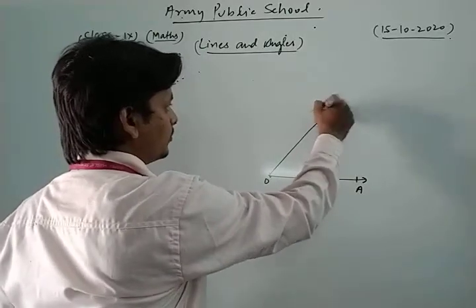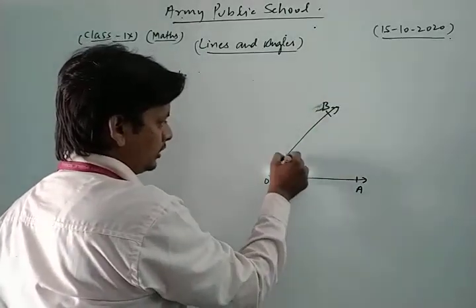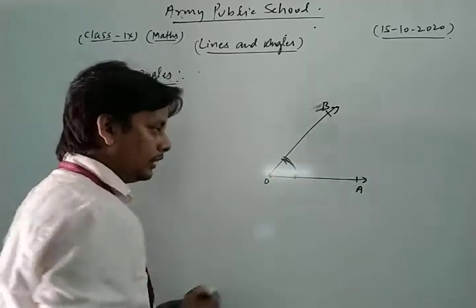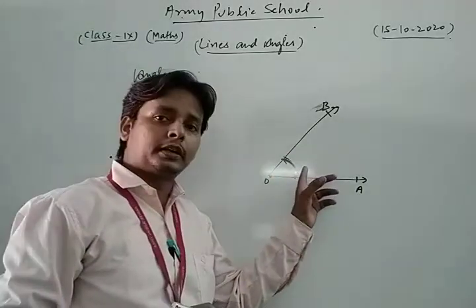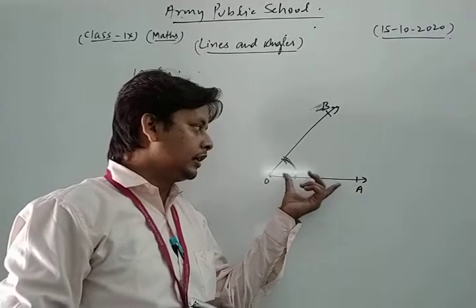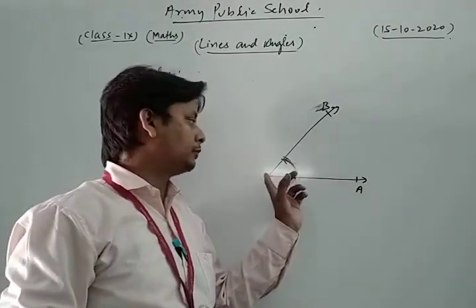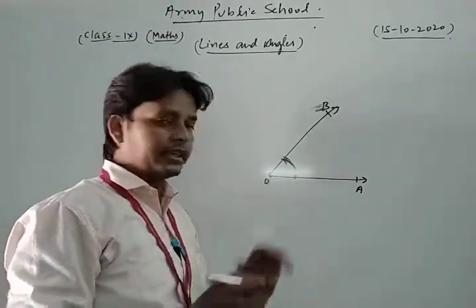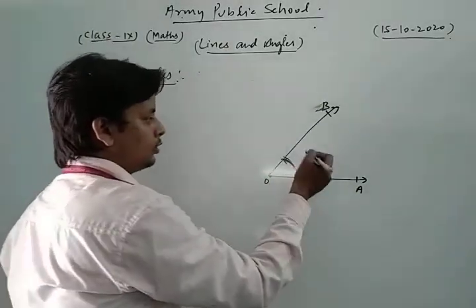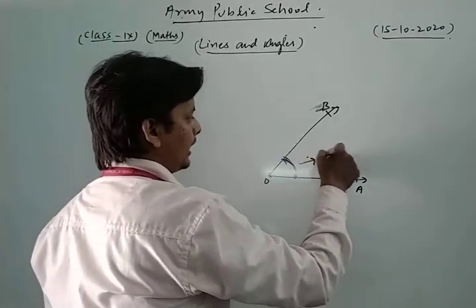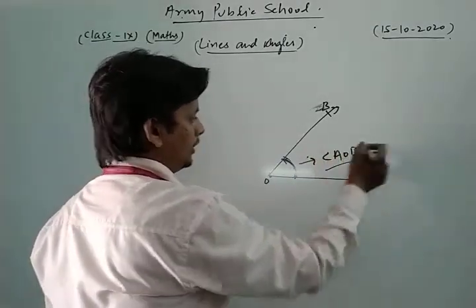Then this is the angular displacement between these 2 rays, from the initial position OA to the final position OB. That angular displacement is known as the angle subtended, and it is denoted by angle AOB.